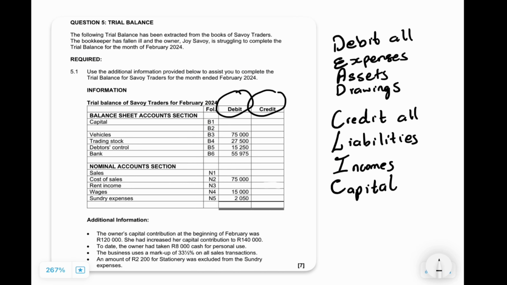So for all these totals in the trial balance, if it is an expense, an asset, or drawings, you debit the amount, and you credit your liabilities, your incomes, and your capital. Hopefully this helps you.